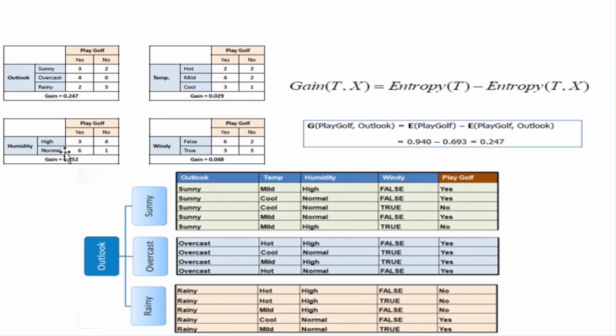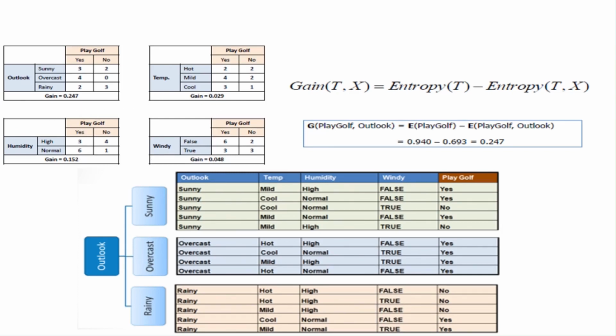Now, we have already discussed in the formula session that if the information gain is maximum, then it is easy to classify more. If the information gain is less, then it is very difficult to classify. So from looking at the table, we can clearly say that outlook has the highest information gain as of now.